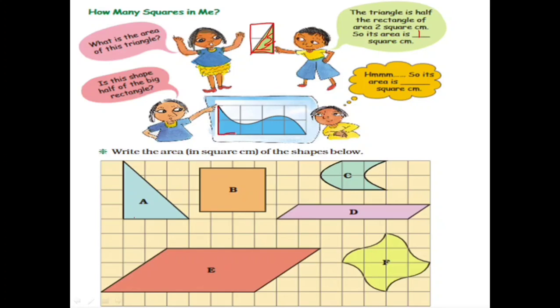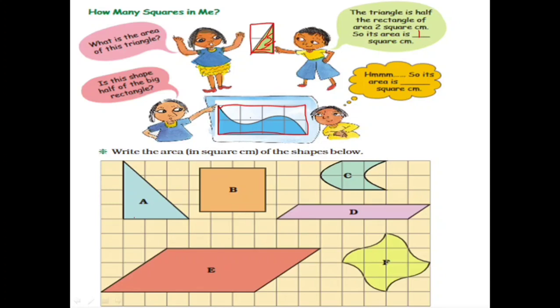Again, I am marking it with this red pen of mine. Just observe that this rectangle is actually a 4 by 2 rectangle. That means there are 4 squares in each row. And how many such rows do we have? We have 2 such rows.